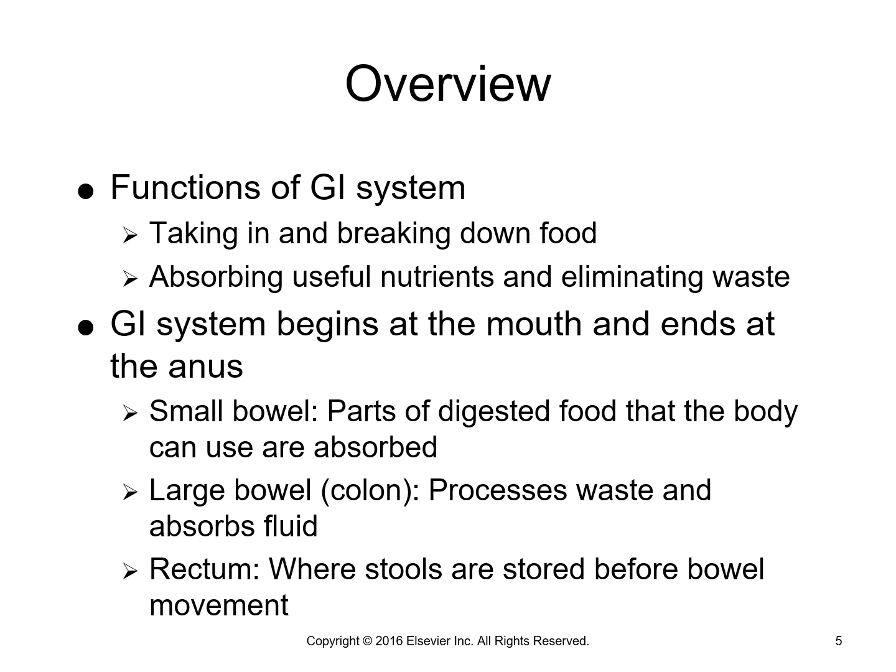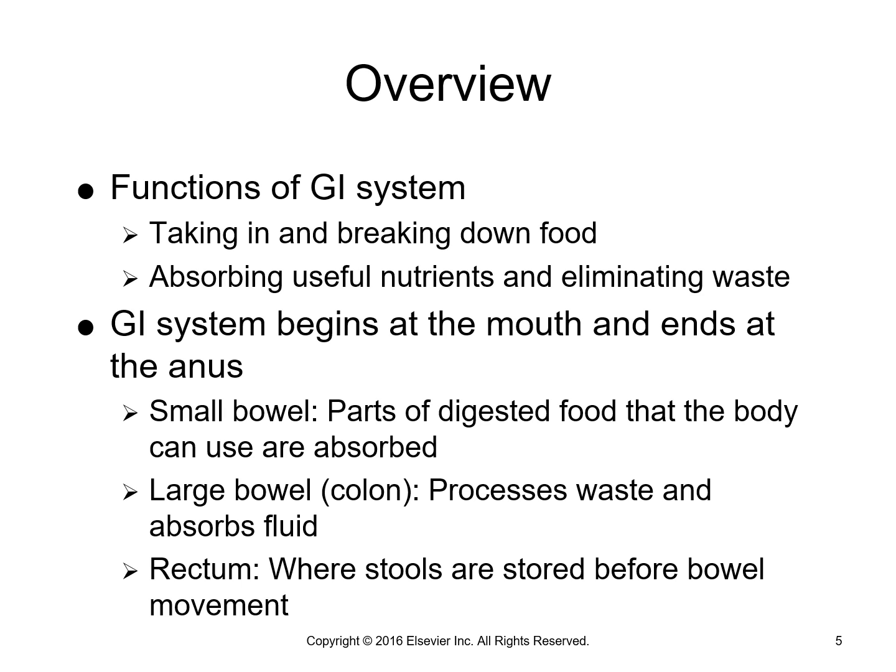So just a quick overview. The functions of your GI system is, of course, to break down food and to absorb nutrients from food as well as eliminating the waste from the food that we ate. Your gastrointestinal system goes from your mouth all the way down to your anus.